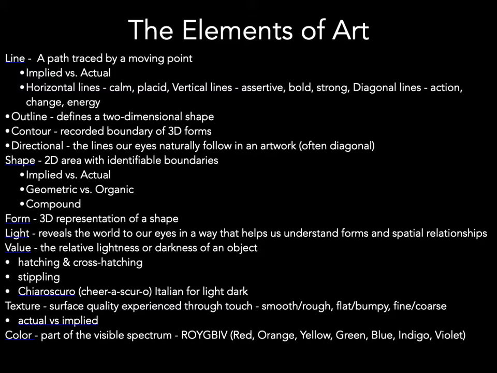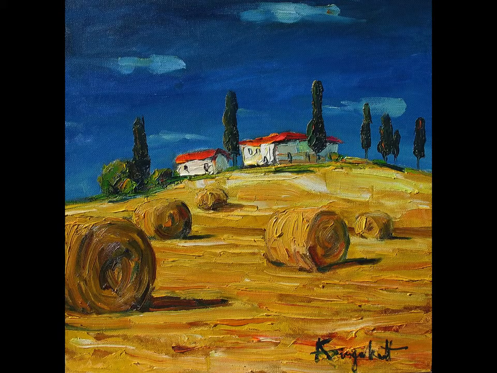In the next painting we'll take a look at here, we have this nice landscape. The horizon line, which is this yellow hill, you can take a look and you see where the blue sky meets the yellow hill, we have an actual line. It's a continuous line from one side to the other that defines the blue shape and the yellow shape.